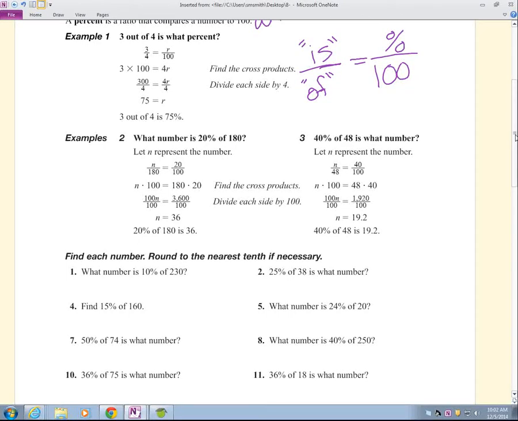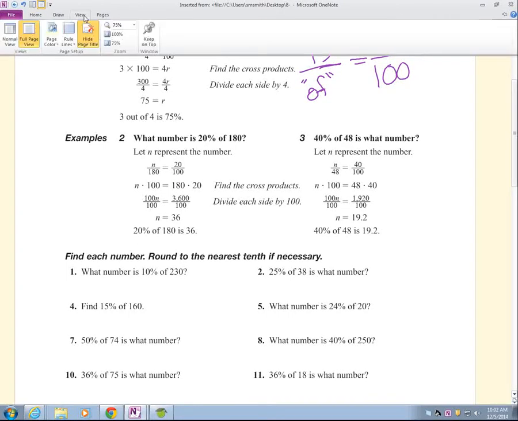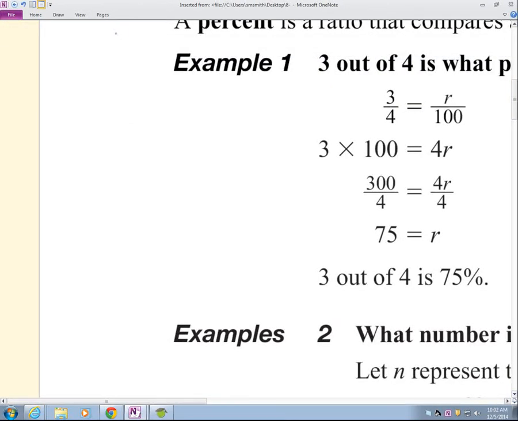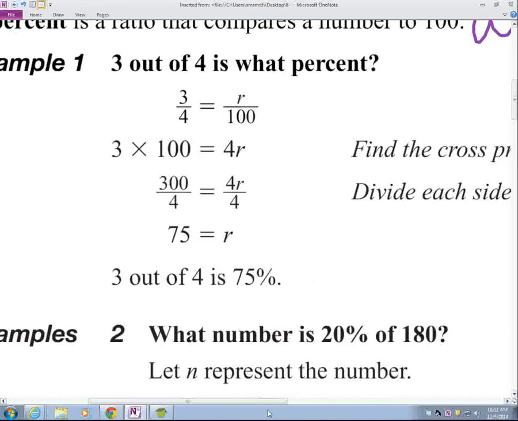So on this, we have an example. 3 out of 4 is what percent? I know that a lot of you guys would know right away, but they're not always going to be that easy. I want you to notice that it's telling you right there where our variable is going to go: is what percent.